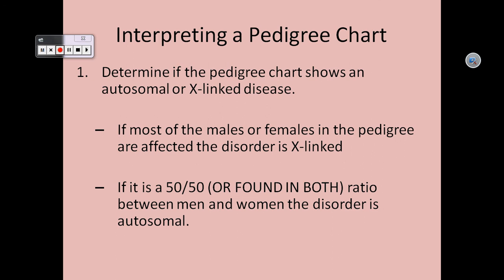If it is 50-50, or found in both, the ratio between men and women, the disorder is autosomal, which means it's found on any of the chromosome pairs 1 through 22. So this is the first question you're going to ask yourself: is the pedigree sex-linked or is it autosomal? If you follow those simple rules, you're going to get it right.